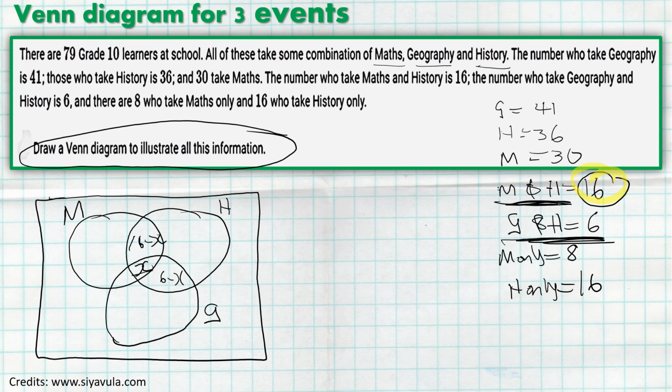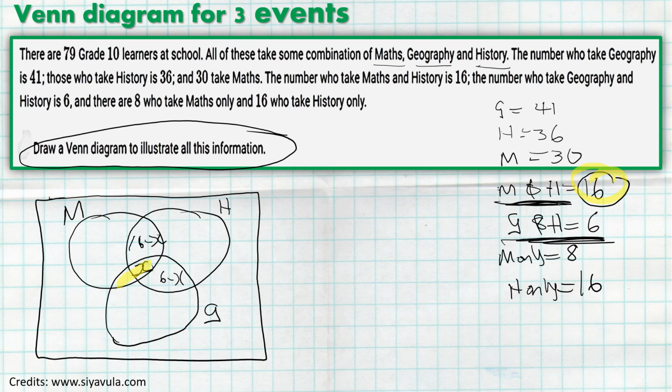Okay, so we can now also go to the other intersection. We don't have this intersection here, right? Let me just highlight this. We don't know it for maths and geography.